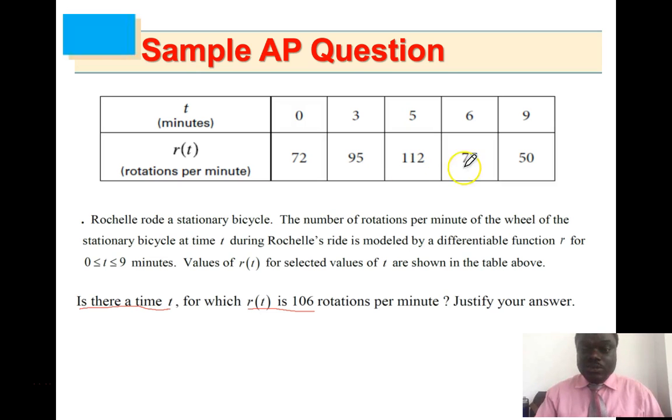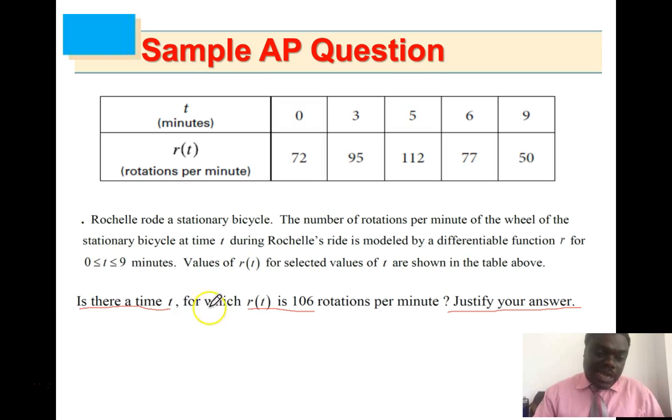Also, 106 will lie between 112 and 77. Remember, the question says you should justify your answer. Because the number of rotations per minute is continuous, it has to start from 0 and then increase to some value. It is a continuous function.